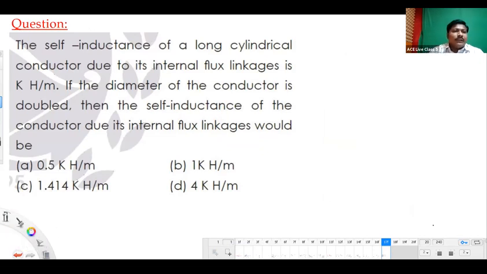The self-inductance of a long cylindrical conductor due to its internal magnetic flux linkages is K henry per meter. If the diameter of the conductor is doubled, then the self-inductance of the conductor due to its internal flux linkages would be how much? Check this now.